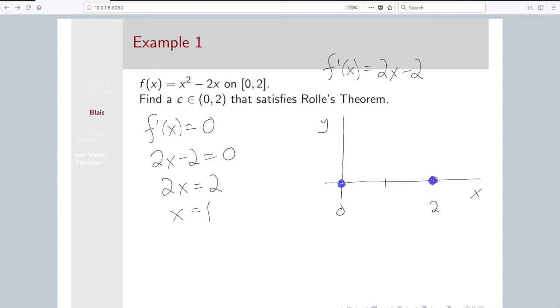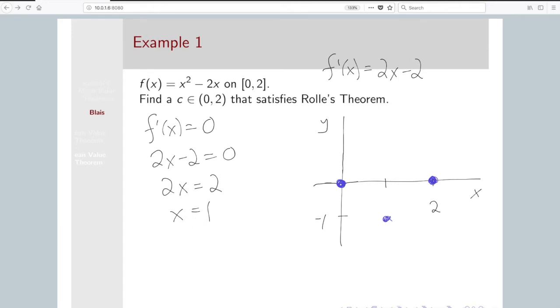And we can check, by the way, if we plug in 1, f of 1 is 1 squared, which is 1, minus 2, or negative 1. So we know we have this point down here. And Rolle's theorem has told us f prime of 1 equals 0.